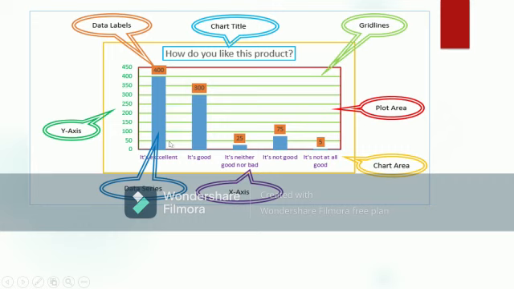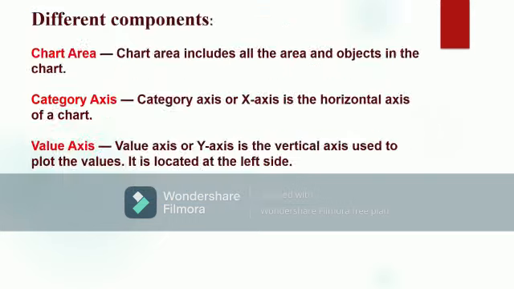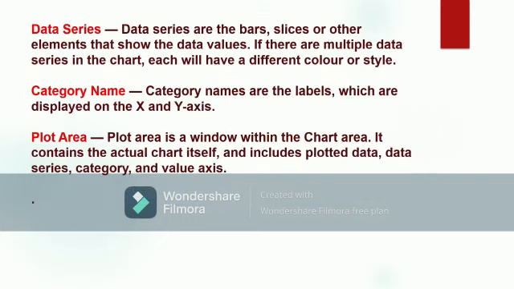Suppose we are taking 5 subjects' marks, then we can get 5 slices at the same point. Okay, so when we want to differentiate with a different pattern or different color, we can use that option also in the data series. That's why they are mentioning, if there are multiple data series in the chart, each will have a different color or style.